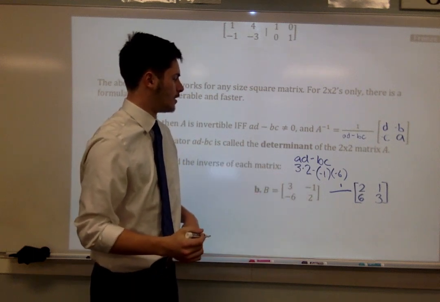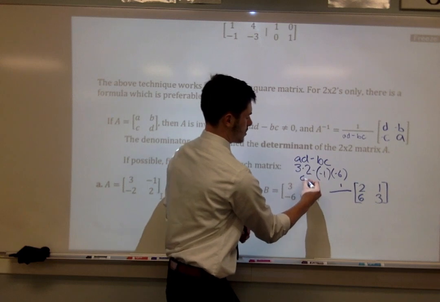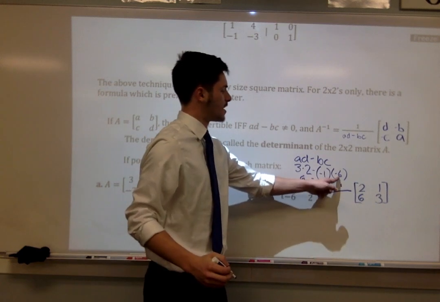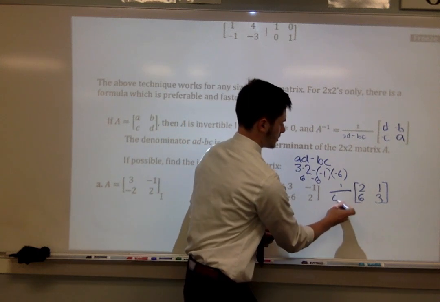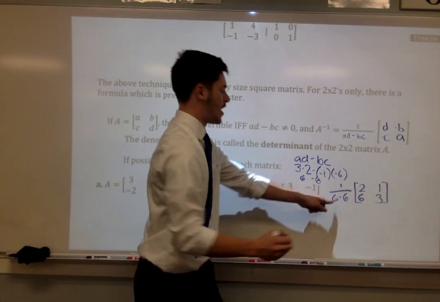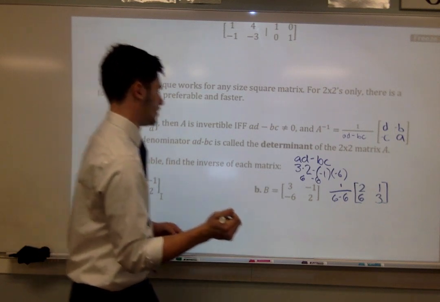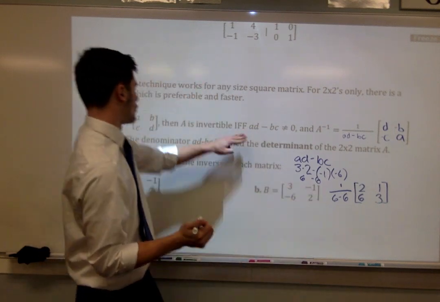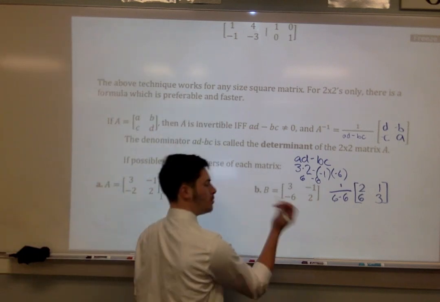So we'll see here, this will be our first example of this, but 3 times 2 is 6, and negative 1 times negative 6 is positive 6. So 6 minus 6 in the denominator here, that equals 0. So we could say that since the denominator is 0, this matrix is not invertible.